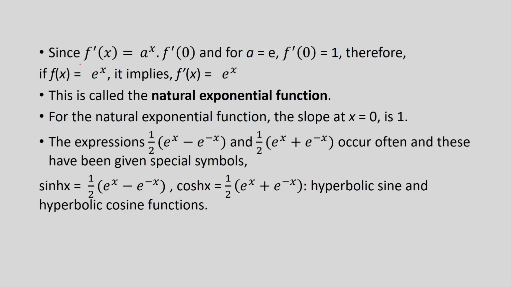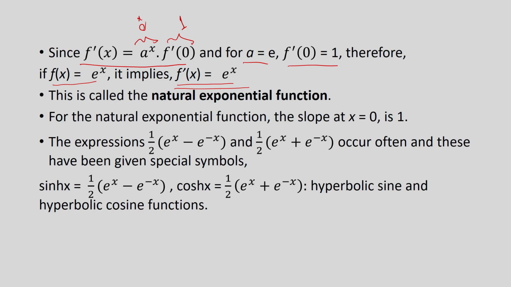Now, this is known to us, f dashed of x is equal to a to the power x multiplied by f dashed of 0, and for a is equal to e, we have just seen that f dashed of 0 is equal to 1. Therefore, if I put f of x is equal to e to the power x, then f dashed of x is equal to e to the power x, because this part is becoming 1 and this part is becoming e to the power x.